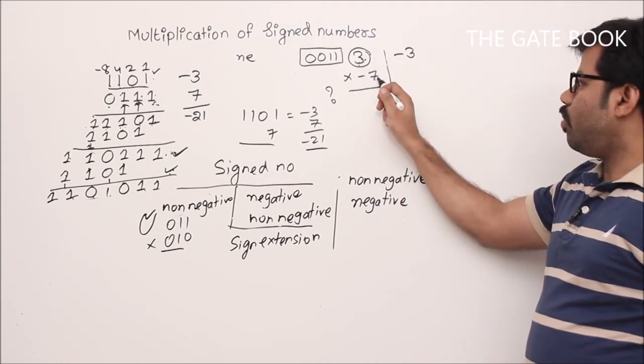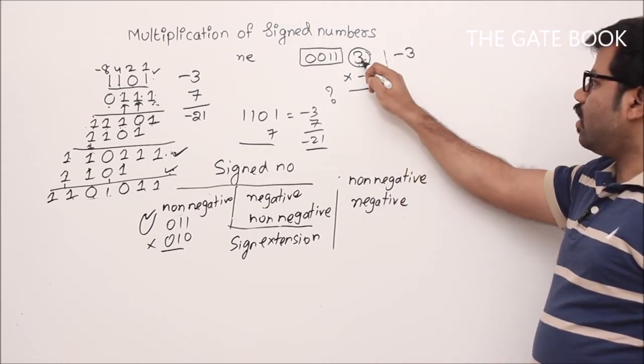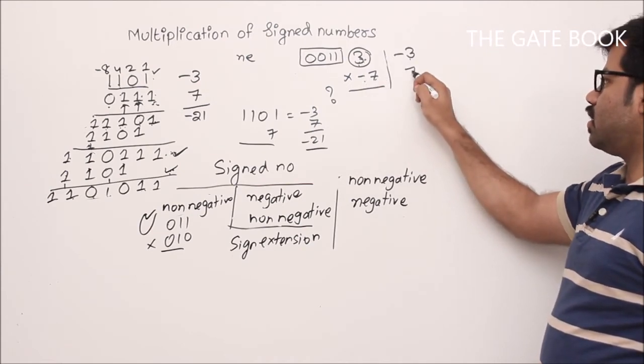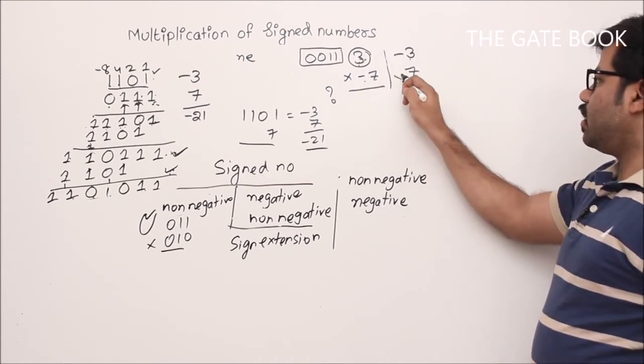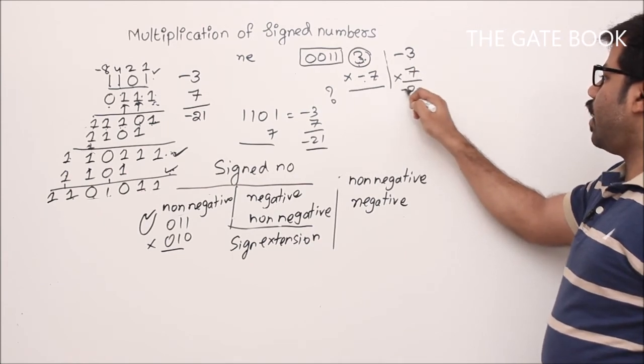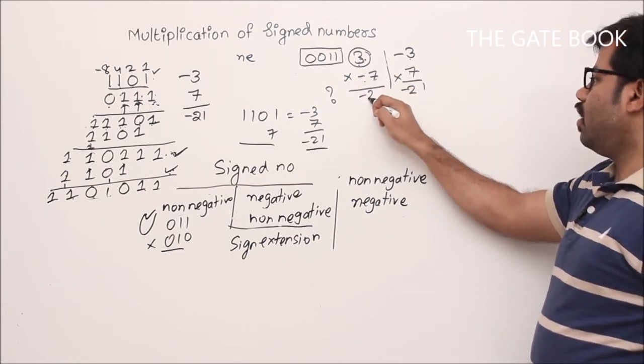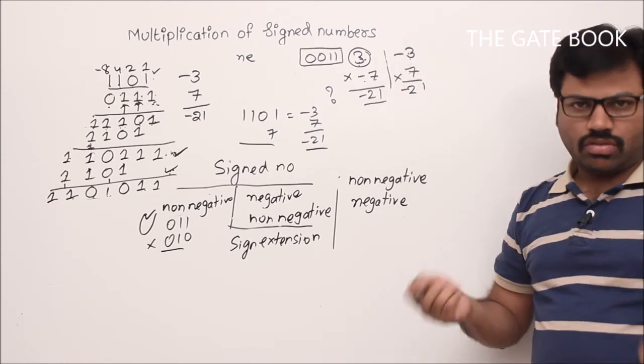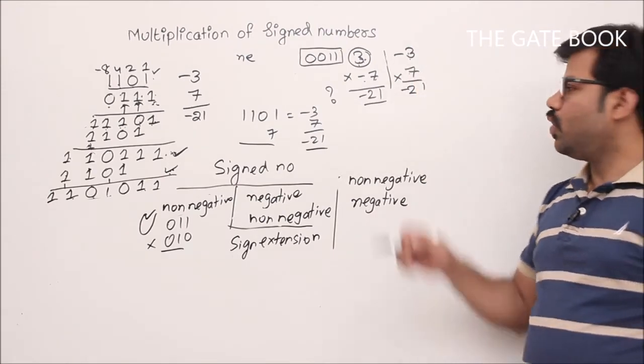When you want to do 3 into minus 7, take the negative version of 3, that is minus 3, and the negative version of minus 7, that is 7. Apply multiplication: minus 3 into 7 is minus 21, and 3 into minus 7 is minus 21. If I apply negative to both, are you altering the answer? No, you get the same answer.